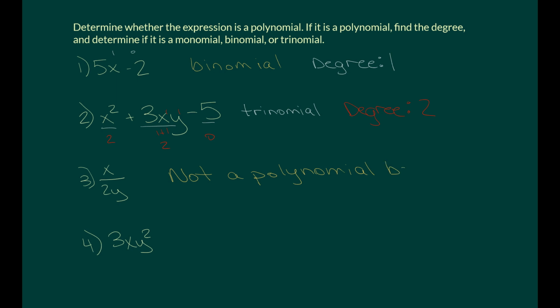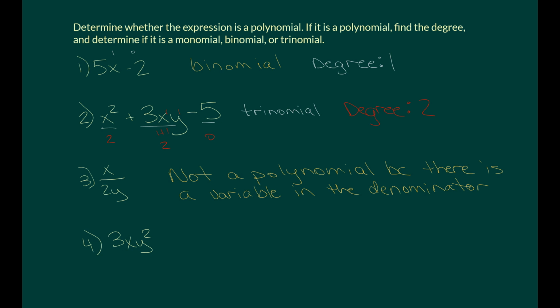So I'm going to put because you have a variable in the denominator. You cannot have a variable in the denominator. All those rules that we learned in chapter 7 about what makes a monomial, the same rules apply for what makes a polynomial.